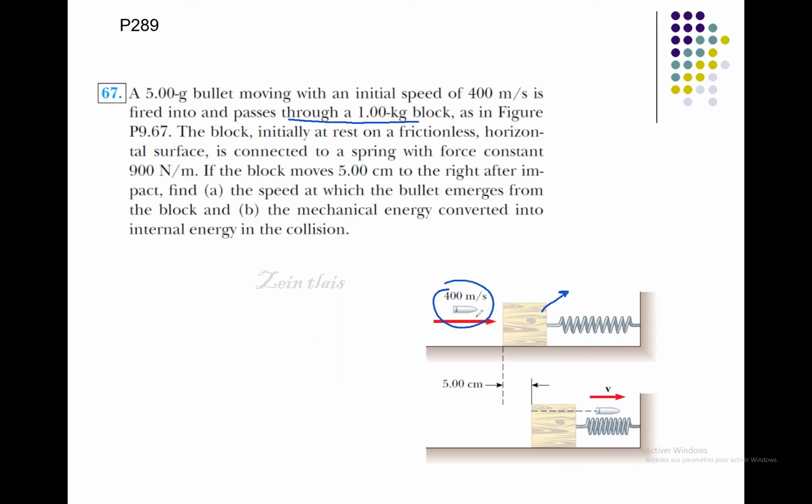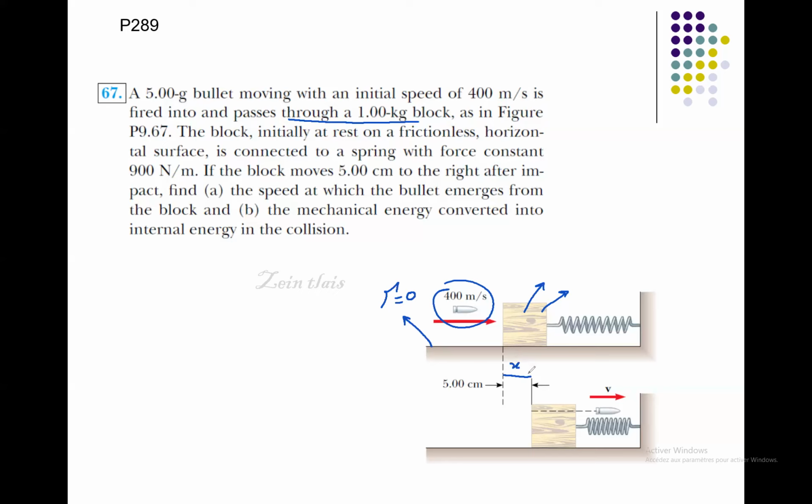The block is initially at rest, on a frictionless plane, mu equals 0. If the block moves 5 centimeters to the right after impact, so the maximum compression of the block equals 5.